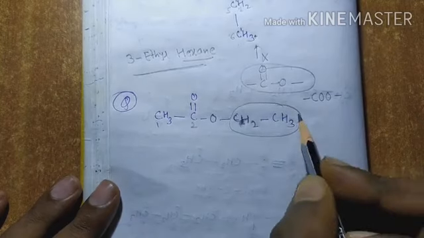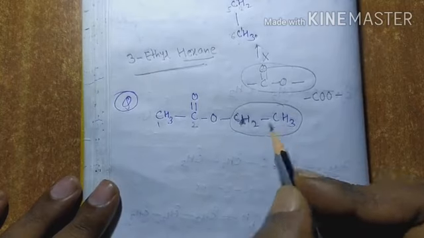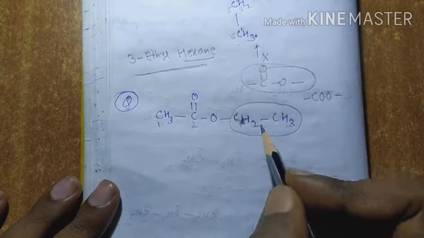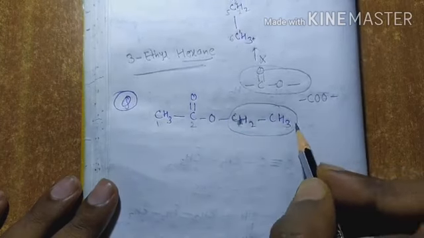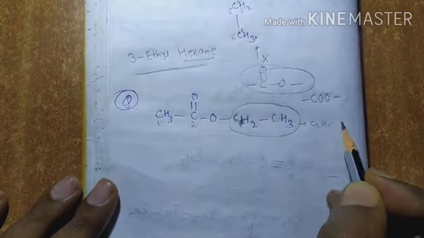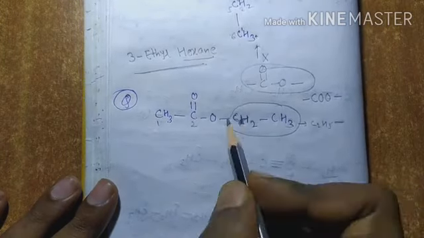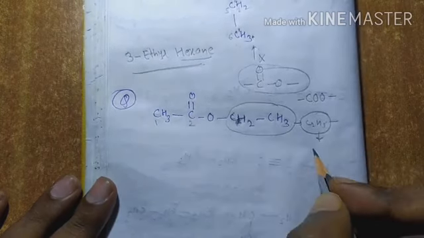If you write in condensed form, you can see this is the ethyl group. C2, 3 hydrogen is here, 2 hydrogen is here. We can say C2H5. This is actually C2H5 single bond. The single bond is not this side, it is on this side. This is the ethyl group, right?